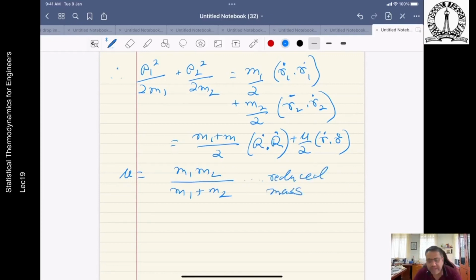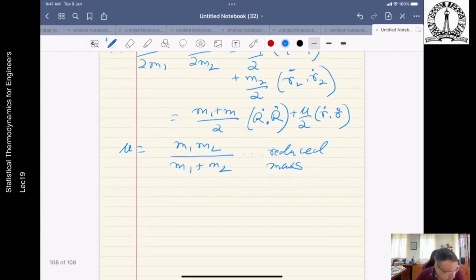This is all very classical mechanics that you already know. Okay? And M1 plus M2, we can write it as MT.